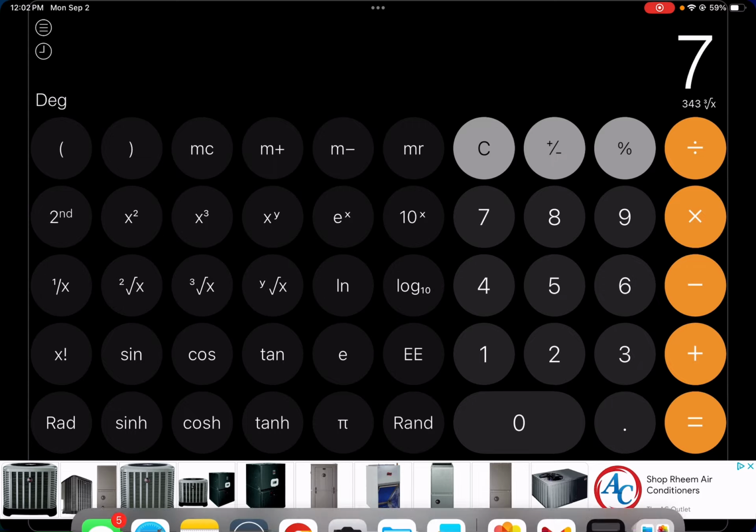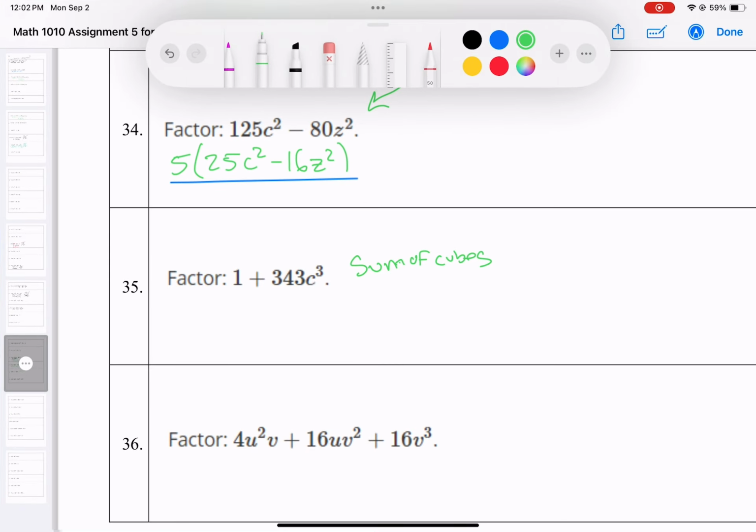Oh, cube root, yeah, so 7. So the first one is going to be a plus sign, and the next one is going to be a minus, then a plus, because it follows that pattern. So we got 1, 7c, so 1, and then 1 times 7c is 7c, and then plus 49c squared.